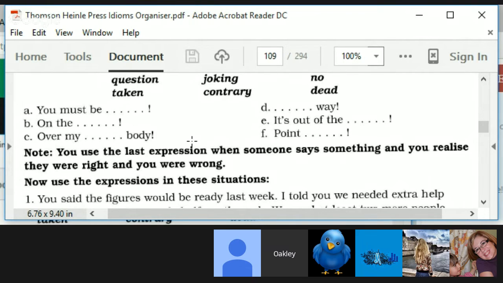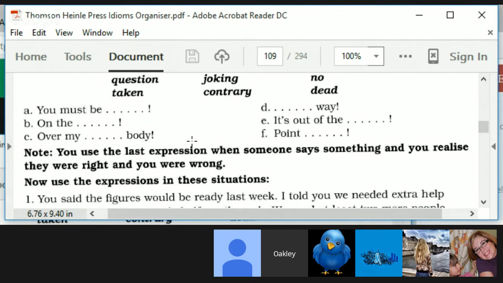All it really means is an argument. Anyway, a good argument. A bad argument can have only one point, but a good argument may have several points. And another reason is, and a more important reason is, and my last reason is. When you're making an argument, it's a good idea to make several points. Understand? Okay, so point taken is something you say when you agree with one of those points.